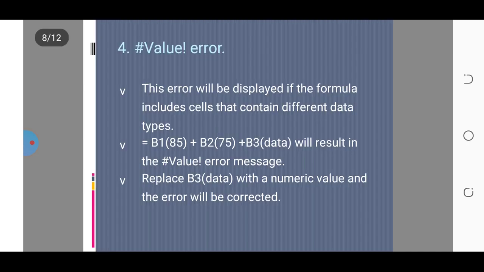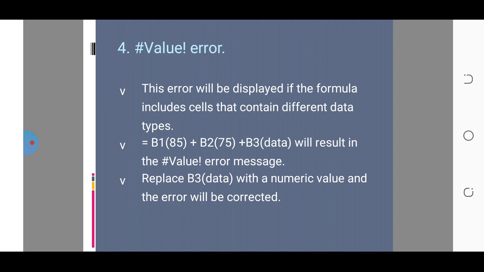Okay, another error, value error. This error will be displayed if the formula includes cells that contain different data types. For example, you're summing up B1, B2, B3, but B1 has 85, B2 has 75.